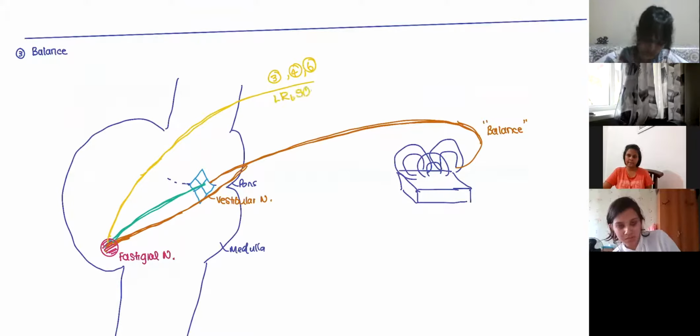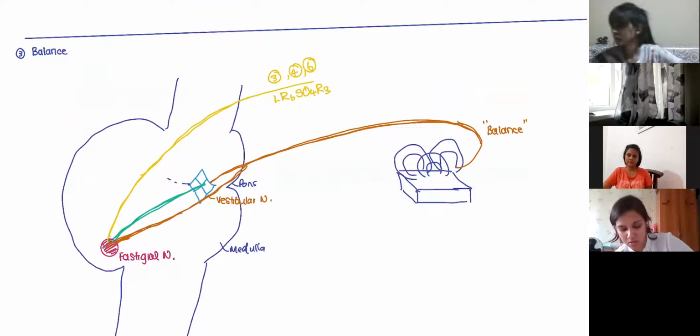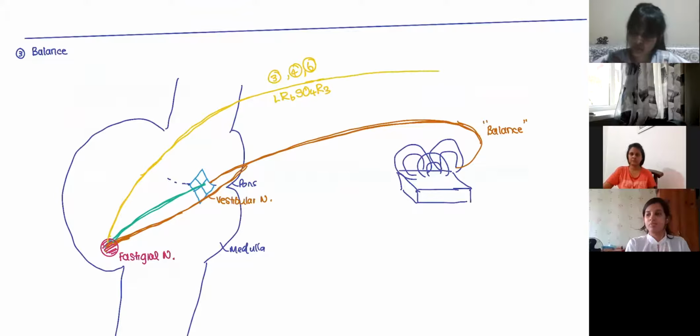LR6, SO4, R3. You remember this? Lateral rectus is innervated by the 6th cranial nerve, superior oblique by the trochlear nerve, 4th nerve, the rest by cranial nerve 3. It goes to the eyes.